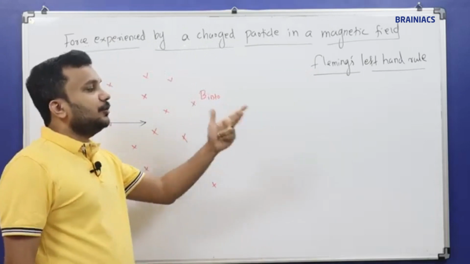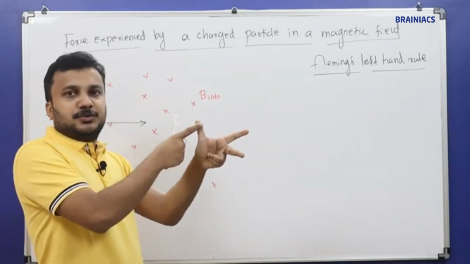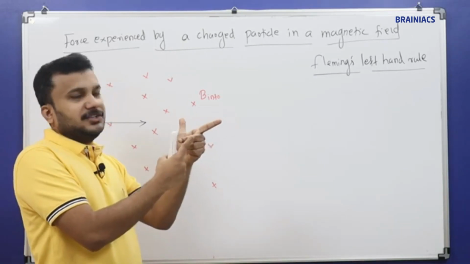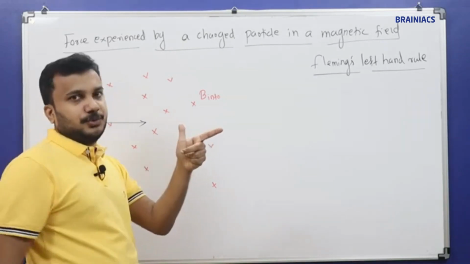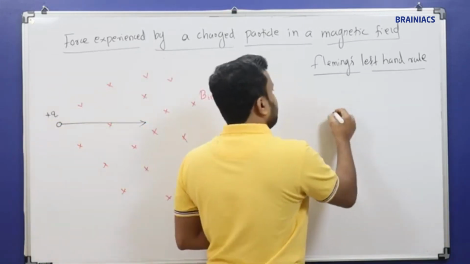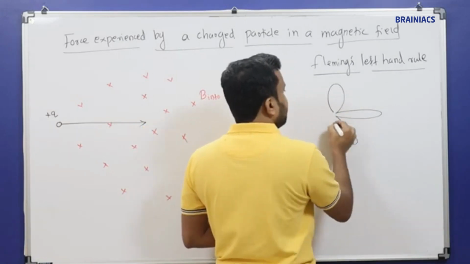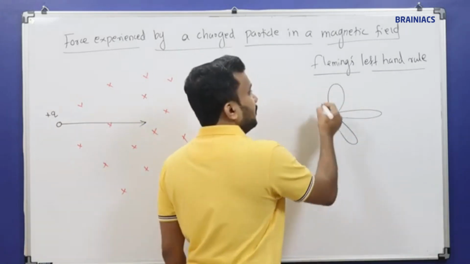You have to use your 3 fingers like this. The first one is your thumb, the second one is your middle finger, and this one is your forefinger. So 3 things will be there.